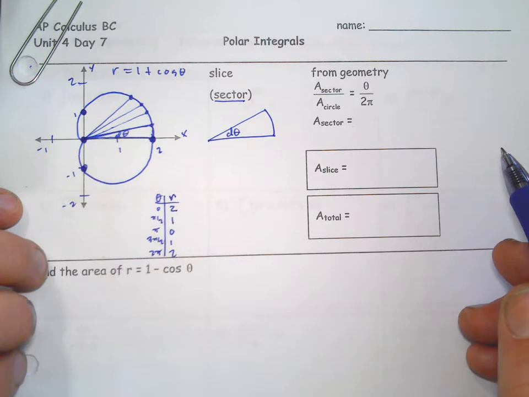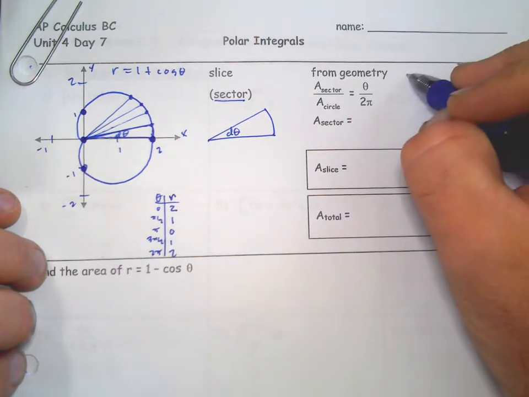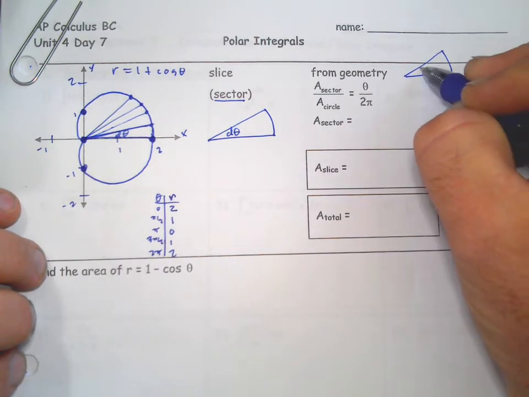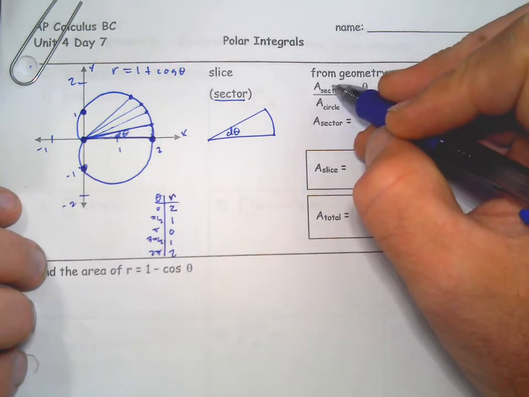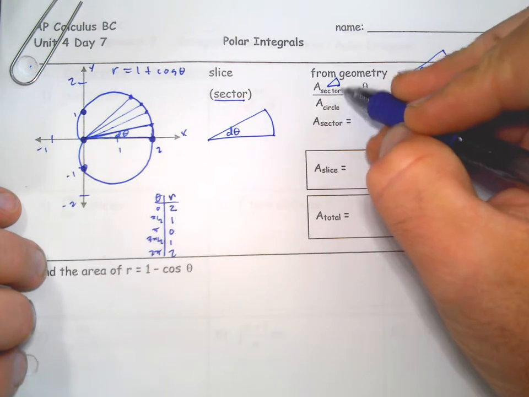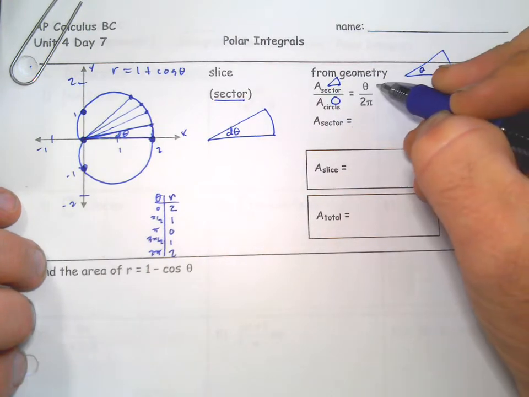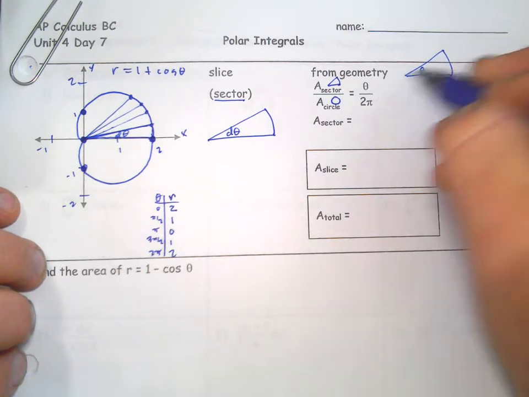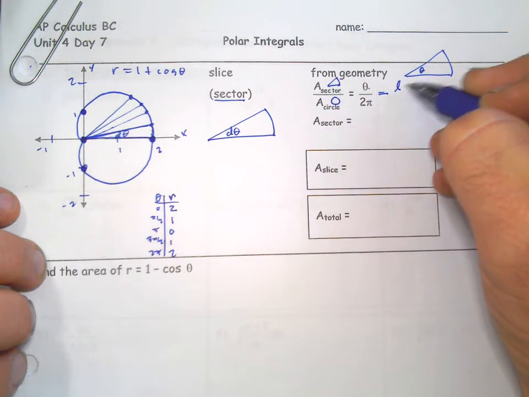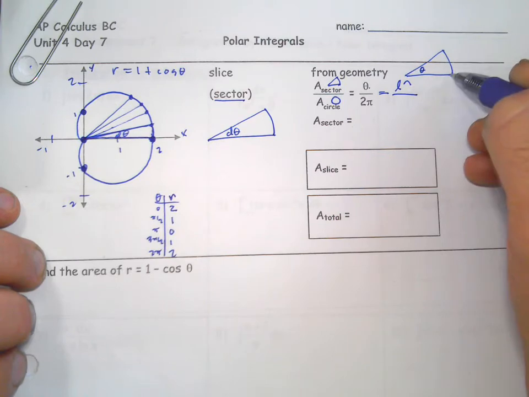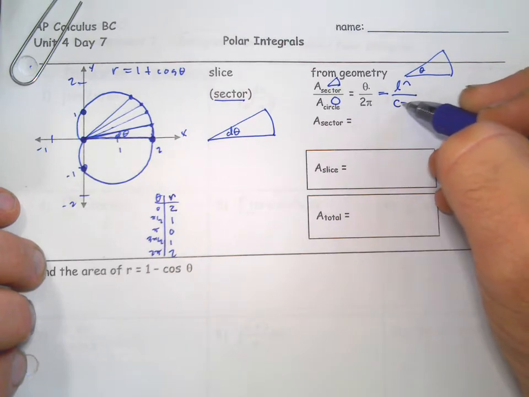Now, from geometry, how would we find the area of a sector, like a legitimate sector? It came from this idea that the area of the sector, that piece of pie, over the area of the whole circle would be the same as the angle in the sector over the angle around the whole circle, which would be the same as the length of the arc associated with that sector over the length of the arc around the whole circle, which would be 2 pi r.